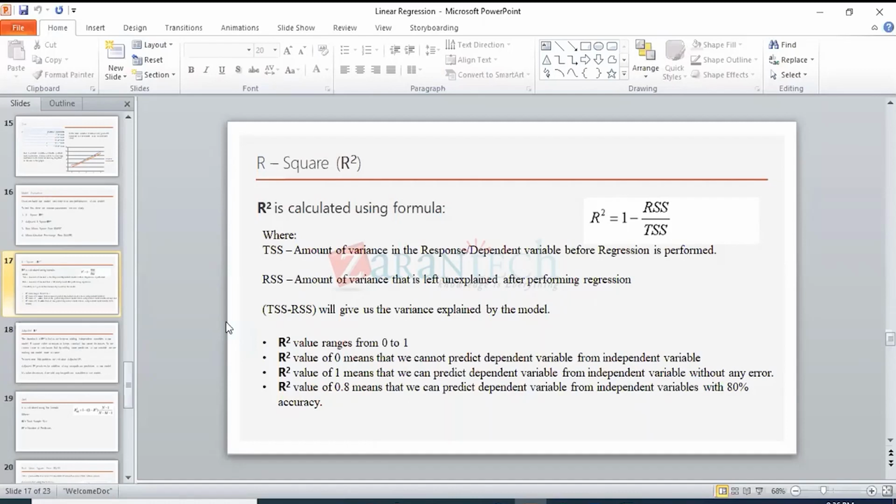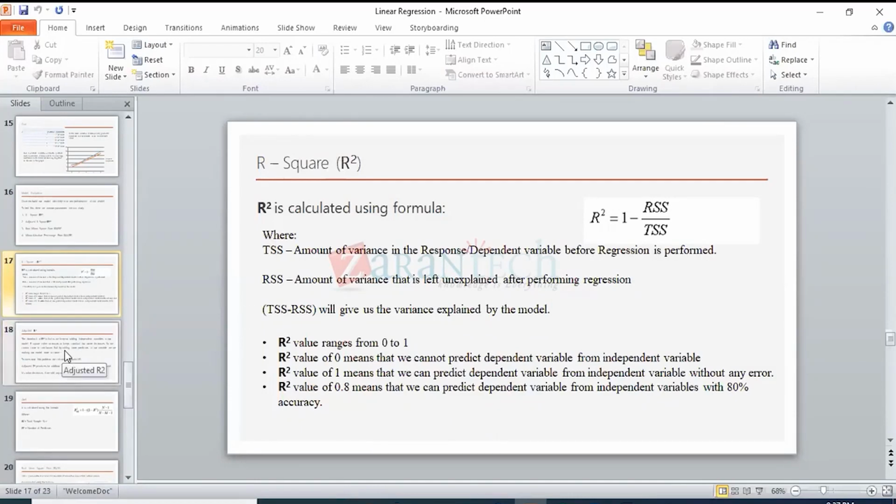So even if my model's accuracy is 60% or 70%, I can say that my model is pretty good. But in some cases, it has to be around 80 to 90%. Only then they will accept the model. So it depends on the business. That's how you interpret your R square.